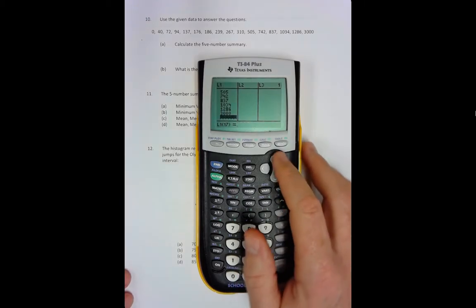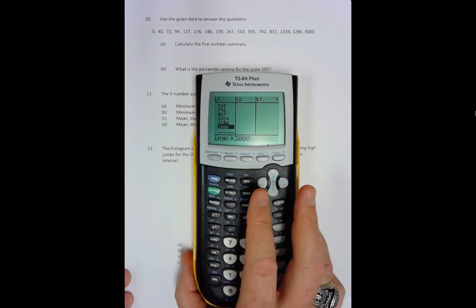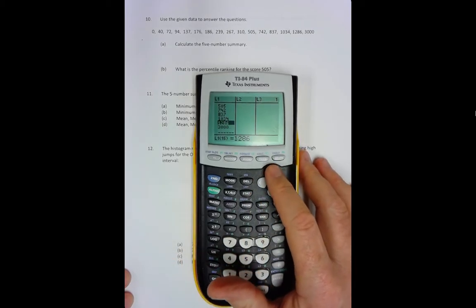Now, if my grade were at stake, I would go back and check these. So 3000, 1286, 1034, 837, 742, 505, 310, 267. So it looks like I got it right.